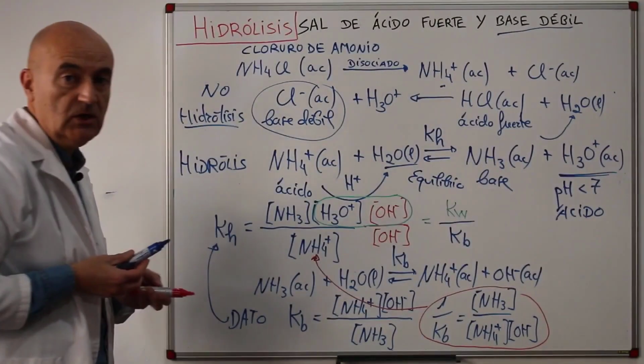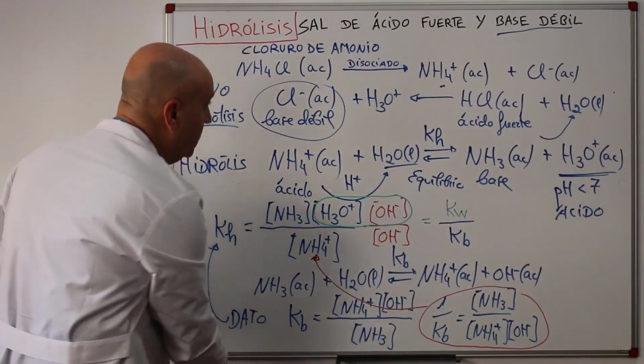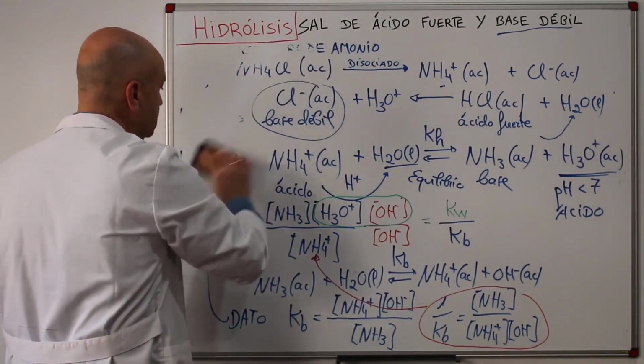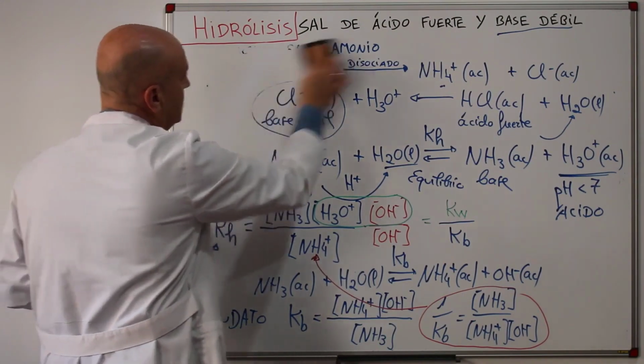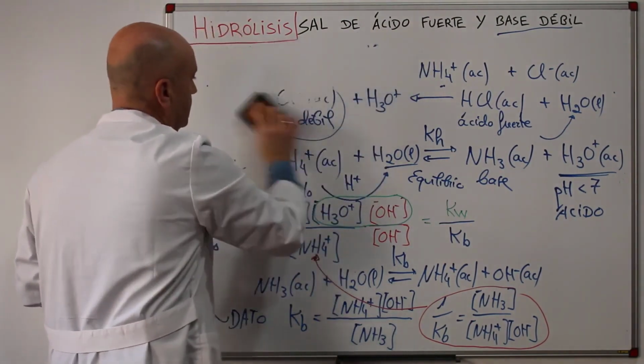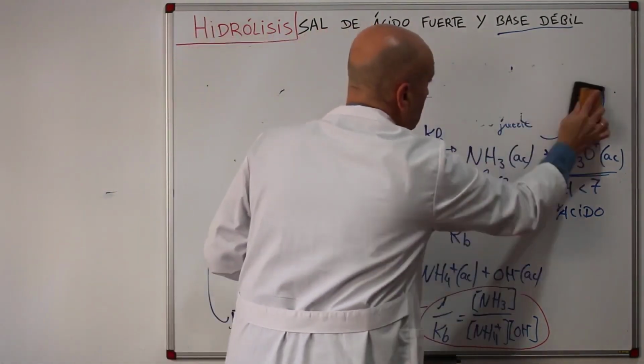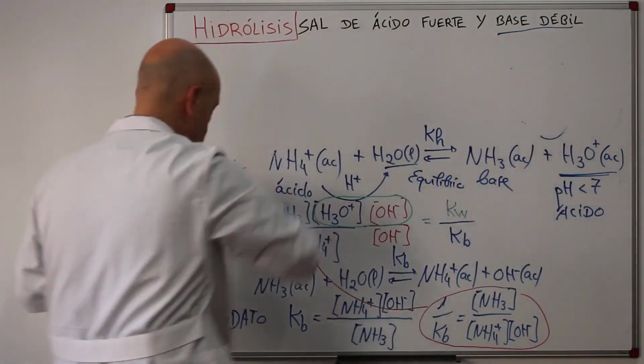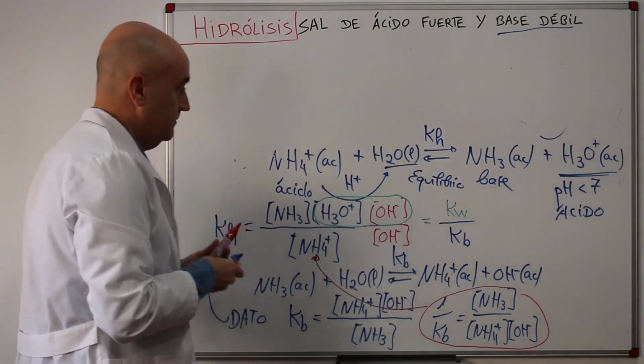Once I have the hydrolysis constant, what do I do with it? What I want is to calculate the pH, and we agreed that I will get an acidic pH, but I need to calculate it. How do I calculate that pH with the hydrolysis constant?